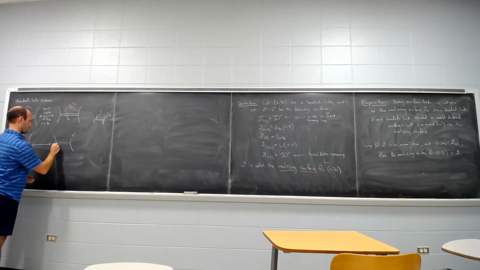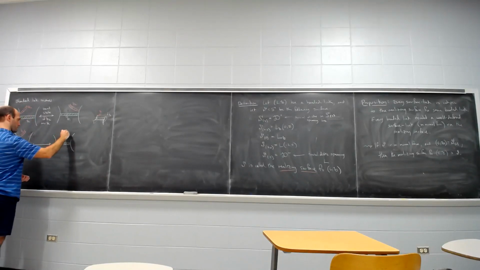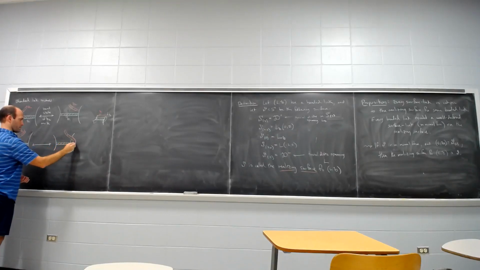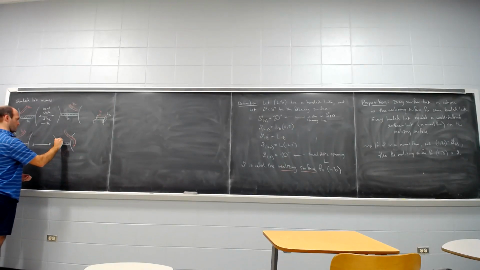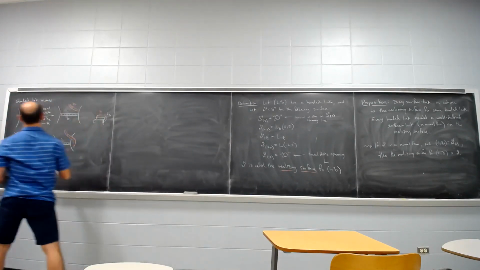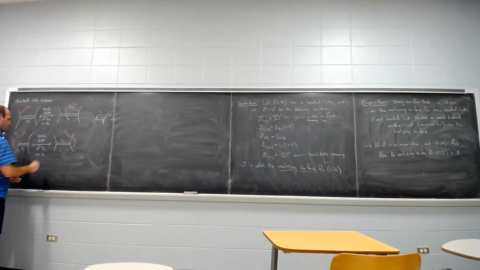And the result of the swim is going to be that B2 appears magically on the other side. So this is called a band swim of B2 over B1.